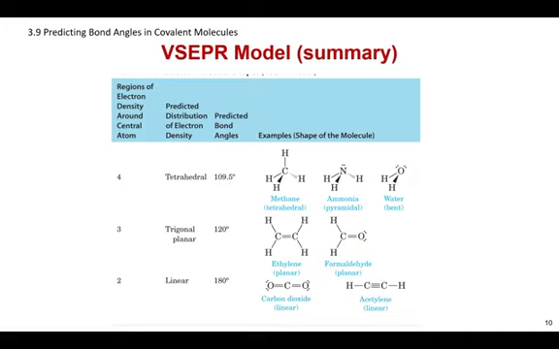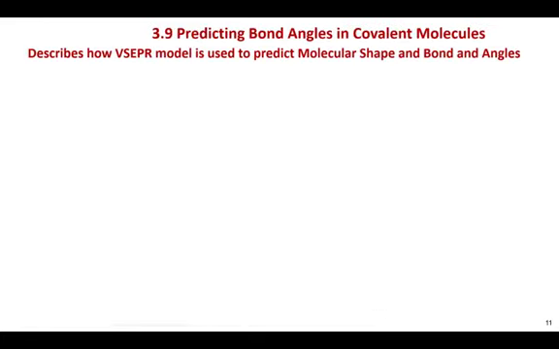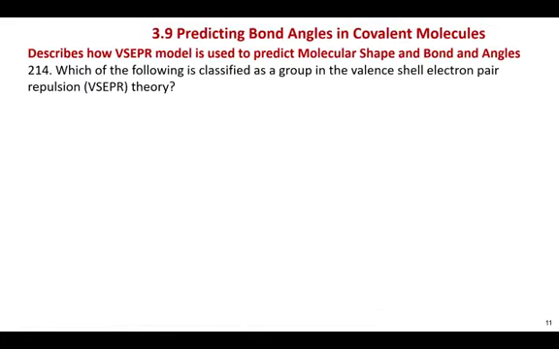Which of the following is classified as a group in the valence shell electron pair repulsion theory? An atom? We don't talk about atom repulsion. A lone pair of electrons?